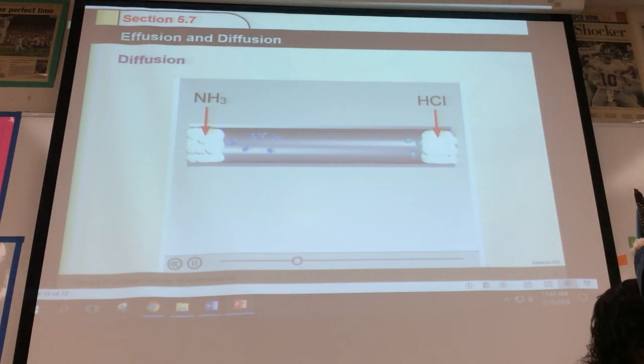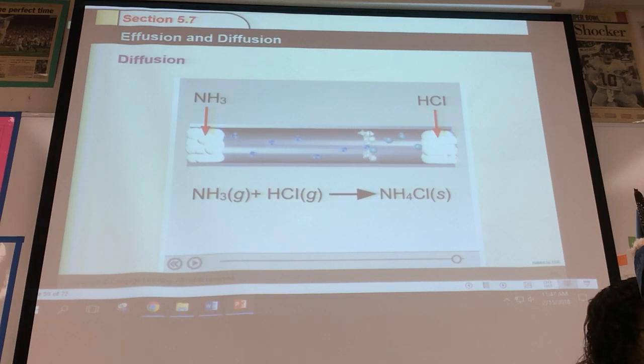In this example, gaseous ammonia and hydrogen chloride diffuse through air from either end of a sealed tube. When the two gases meet, a precipitation reaction occurs, forming ammonium chloride. The mass of the hydrogen chloride molecules relative to those of ammonia is greater. Thus, hydrogen chloride molecules travel more slowly. You can see this white precipitate forming right here.